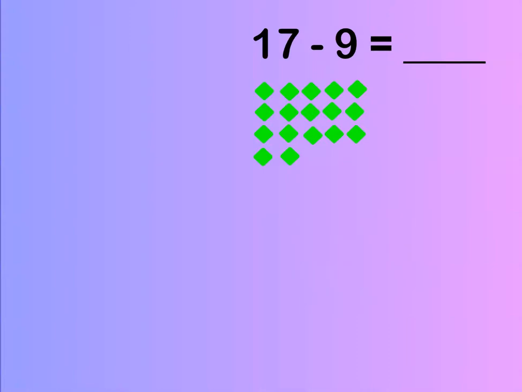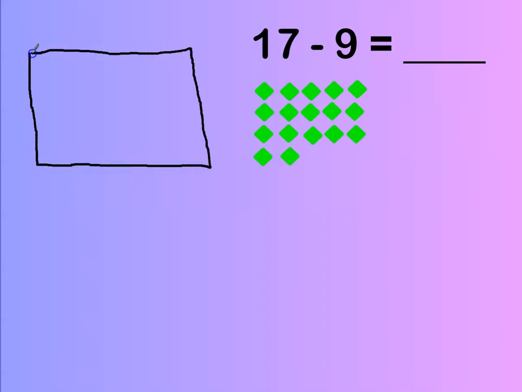Like we said yesterday, a good mathematician can always solve using a math drawing. In this case, I know I'm going to take from the 10, so I want to use a 10 frame drawing. To build my 10 frame, I'm going to start with a big rectangle. I know that there's a row on top and a row on bottom, so I need to cut it in half.